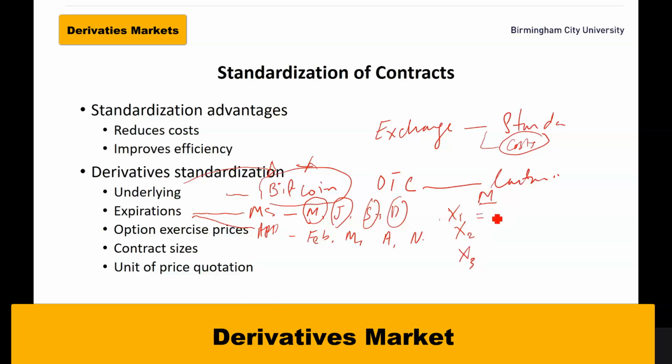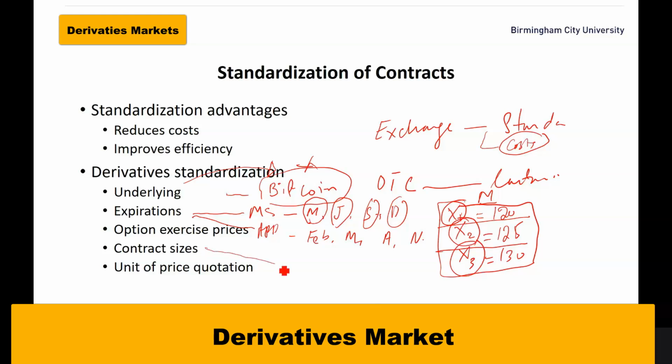So you can purchase a call option or a put option where the exercise price is 120, where an exercise price of 125 is applicable, or where an exercise price of 130 is applicable. So these prices are determined by the exchange. I'm not talking about the underlying price, but the exercise price. The exchange decides on this. So anybody who is buying a call option or a put option on Apple, for example, will have the same exercise prices in front of him or her.